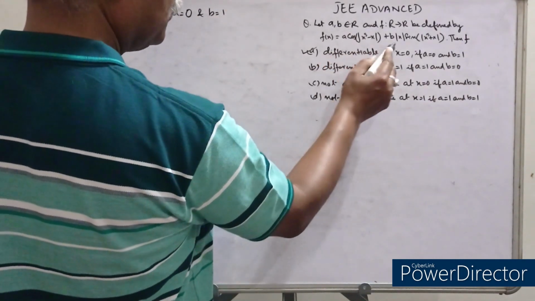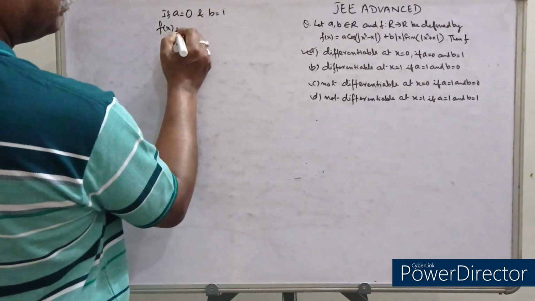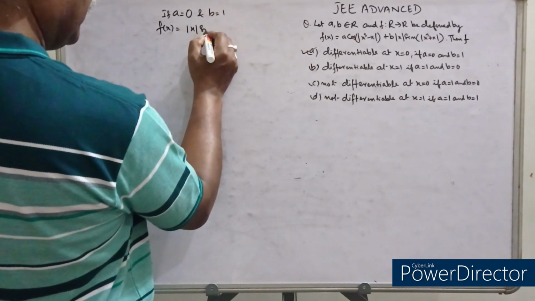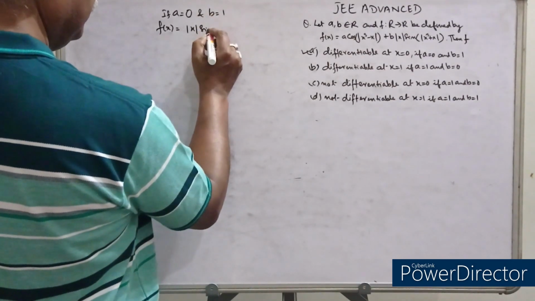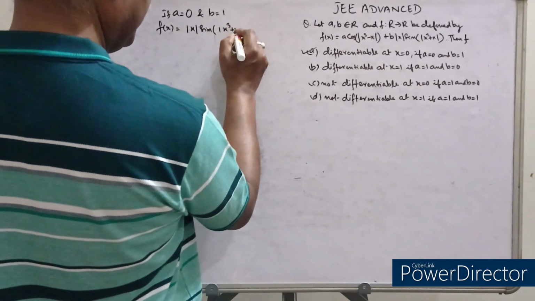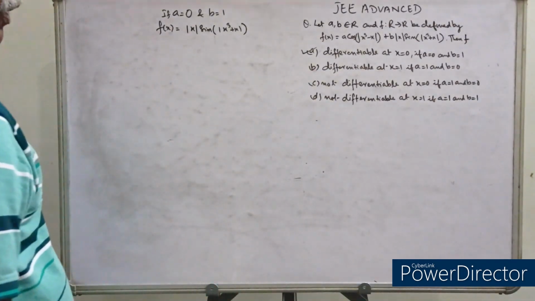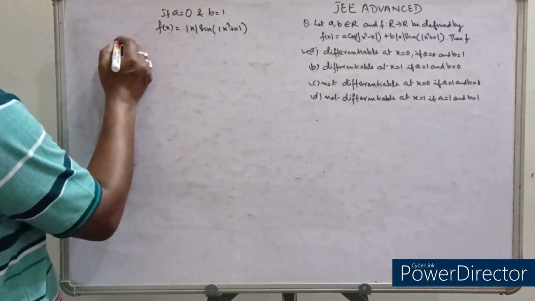So here a is 0, b is 1, your function will be f(x) = |x| sin(|x³ + x|), this one. So now we have to test the differentiability at x = 0.